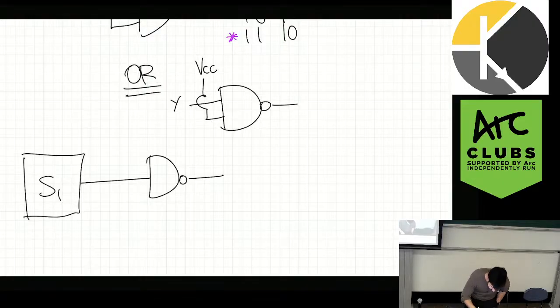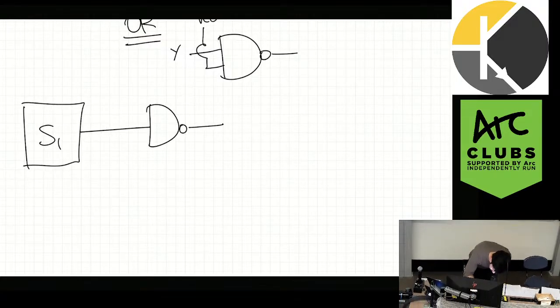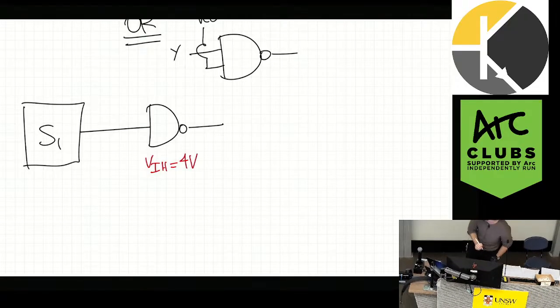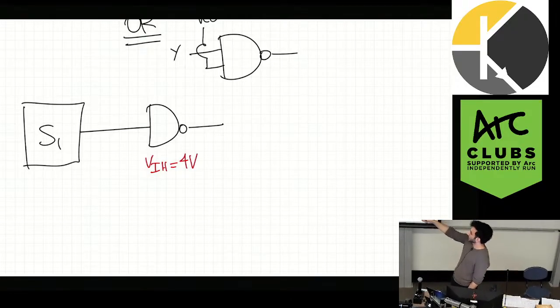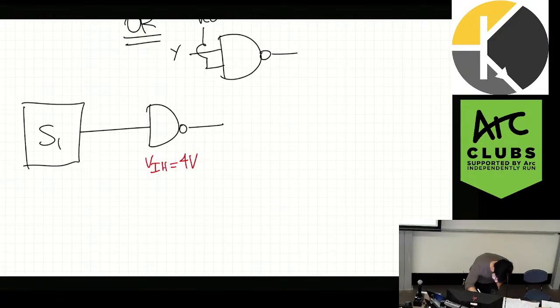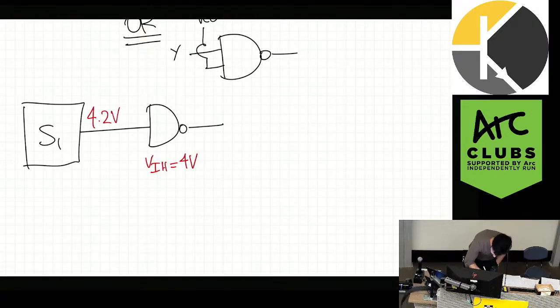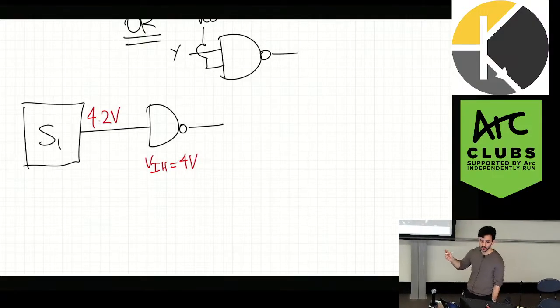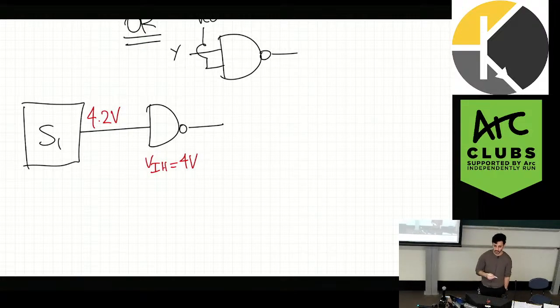As an example, if this NAND gate only recognizes inputs as high if they're higher than 4 volts, and the output was 4.2 volts, will it recognize it as high? Yeah. What if noise drops it to 3 volts? No. That's all the noise margins are.